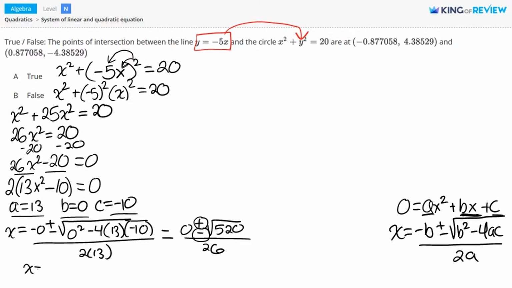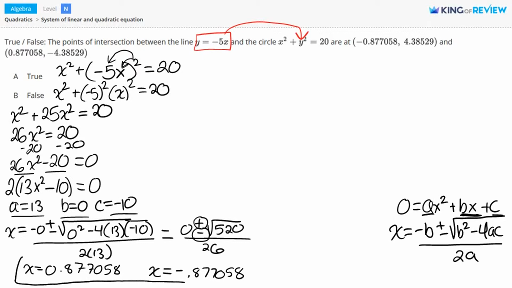We get x equals 0.877058, and we get x equals negative 0.877058. So here are the two x values.